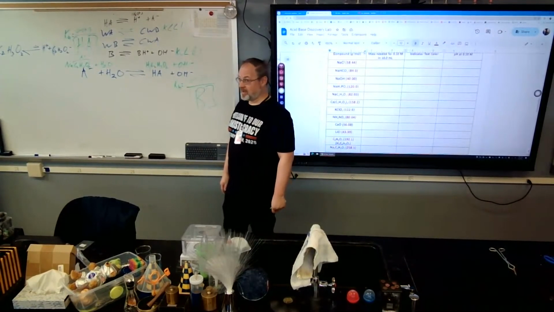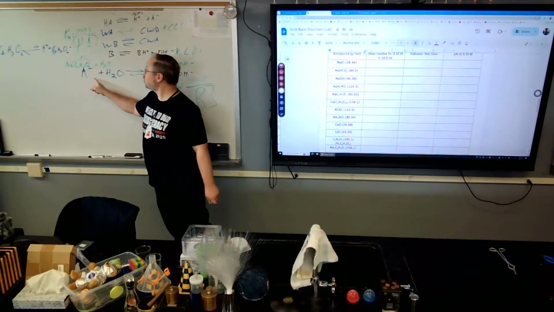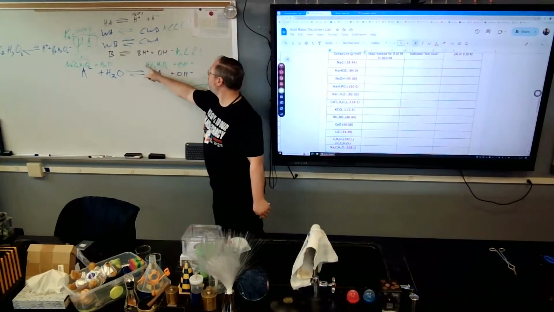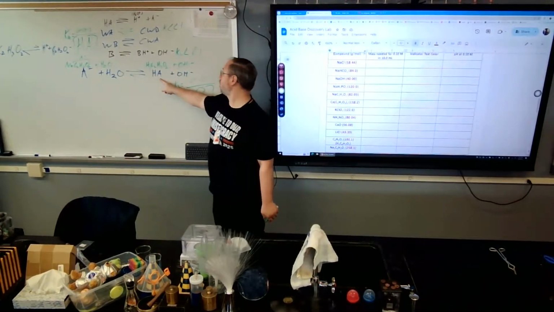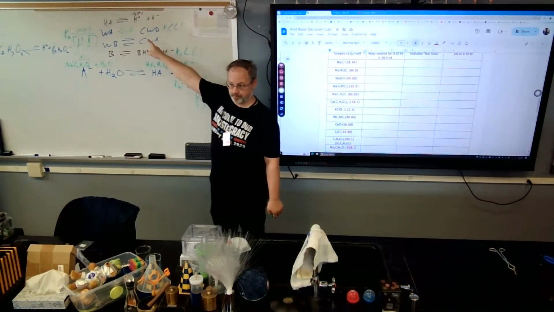No. The proton does. So if you put the conjugate of an acid into water, it will form the HA. The HA does not produce an acidic solution. It is the H plus that forms an acidic solution.